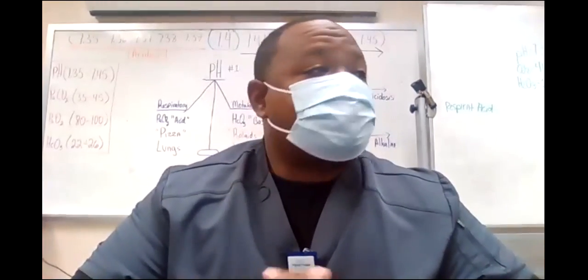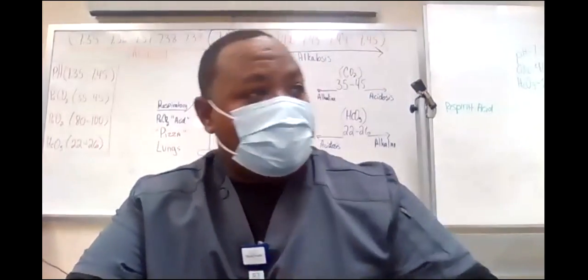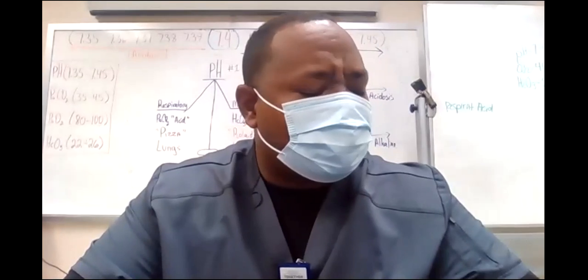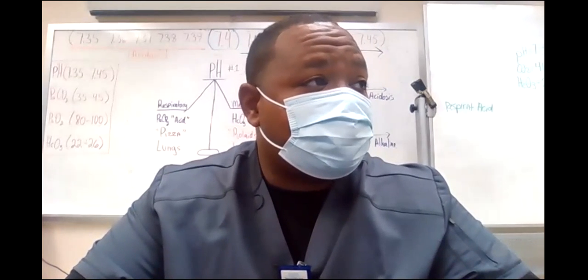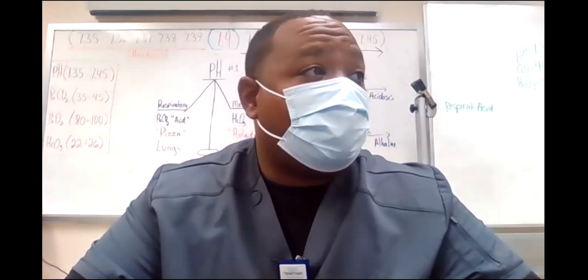Okay. And speaking of affinity, how much more affinity does hemoglobin have for carbon monoxide than it does for oxygen? 20 times more. And how many times more carbon monoxide does he love it more than oxygen? 200 times. That's why people die of smoke inhalation.